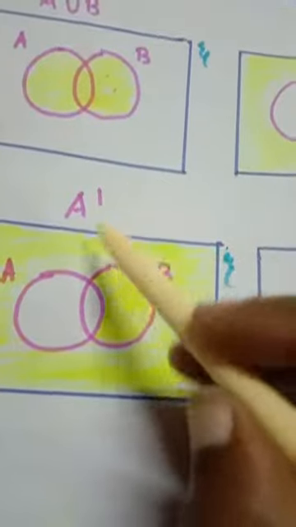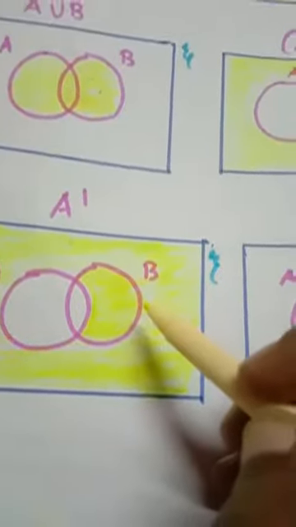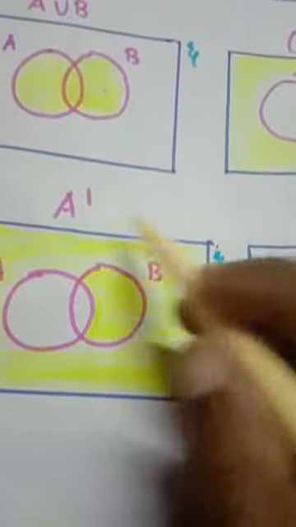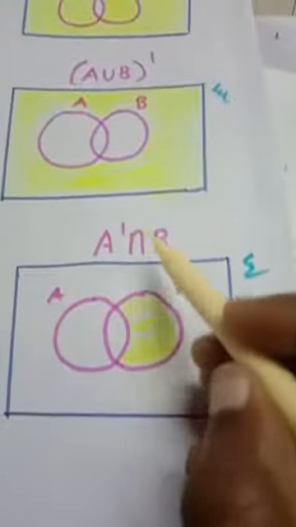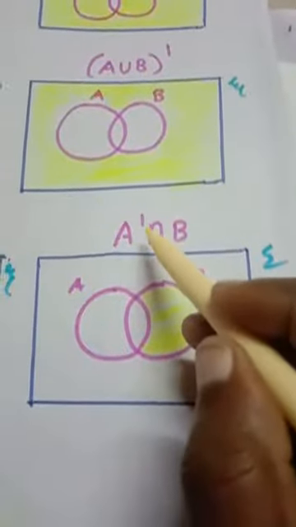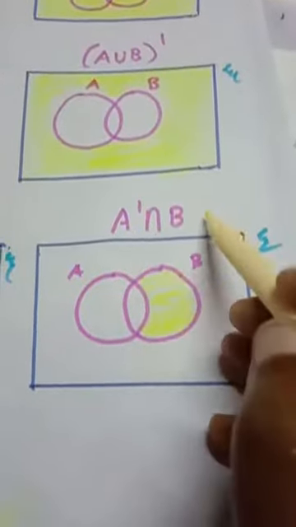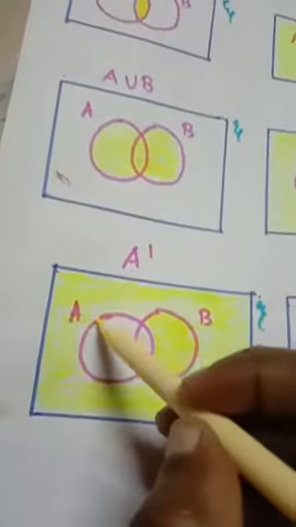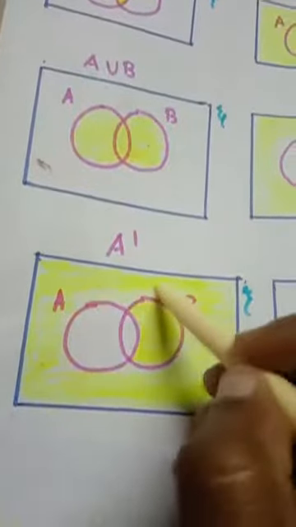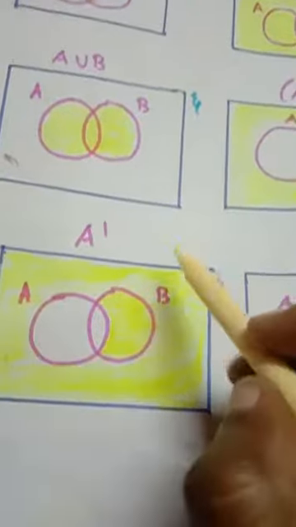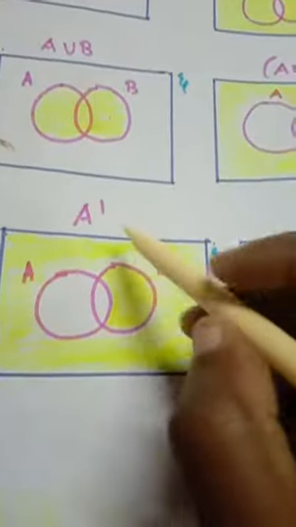Now A complement intersection B means common to A complement and B. Intersection means common to A dash and B. A complement means except A, all other portions. Then which are the portions common to A complement and B?